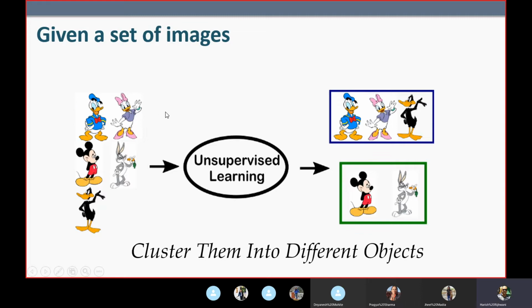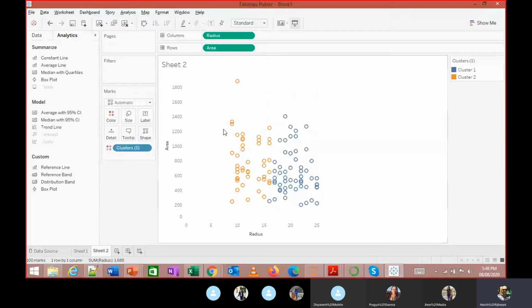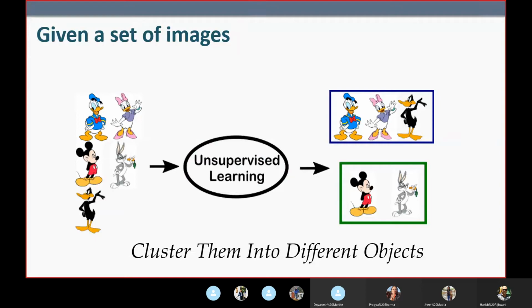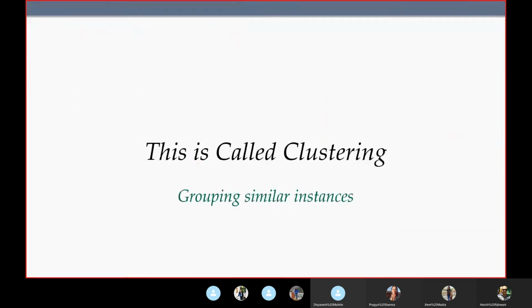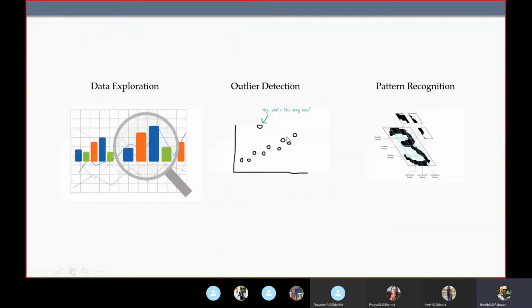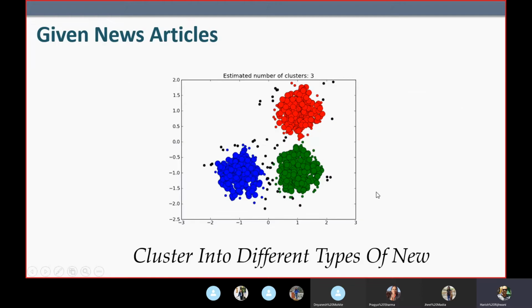When we are trying to cluster this value, Tableau is automatically thinking that these clusters look similar to me, that is why I am grouping it in that way. And grouping similarities, so outliers, pattern recognition, all that comes into that. You can group similar types of news articles based on the kind of information and the keywords present in that particular article.